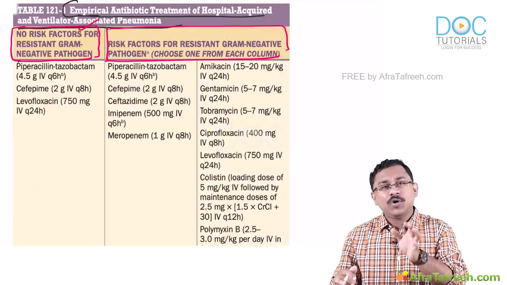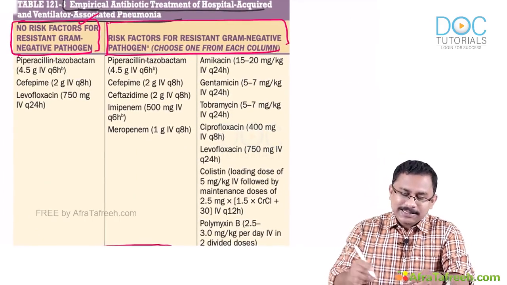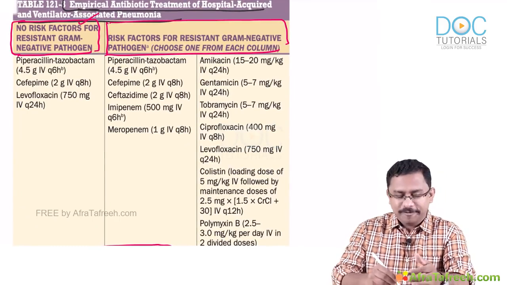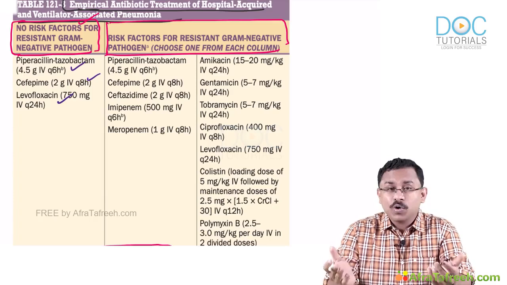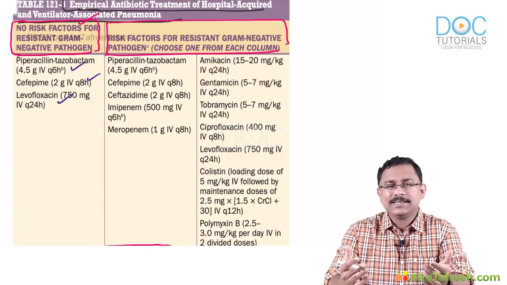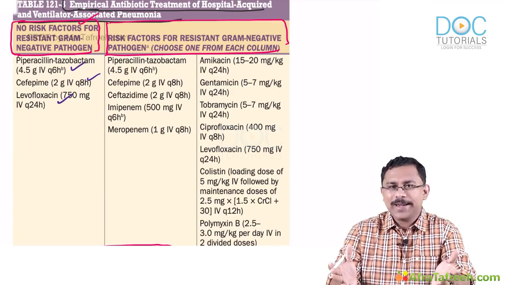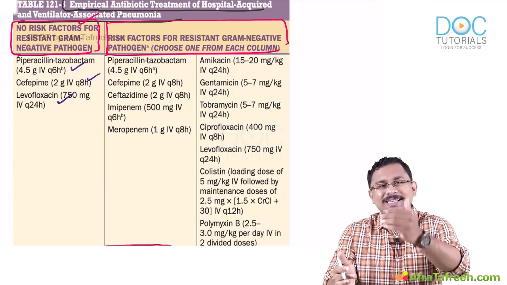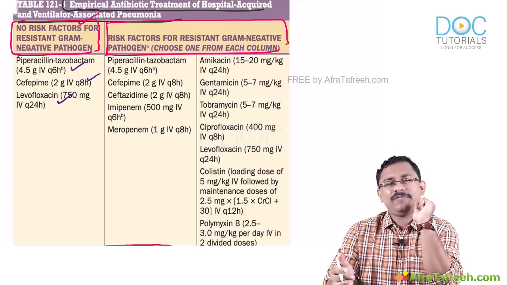Now, if there are no risk factors for a gram-negative pathogen, in such a case, you can go for either of piperacillin tazobactam, cefepime, or a fluoroquinolone like levofloxacin. So you can go for either of these parenteral drugs. But when there is a chance of resistance, one drug might not be enough.